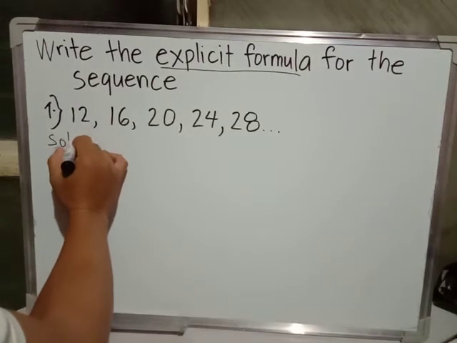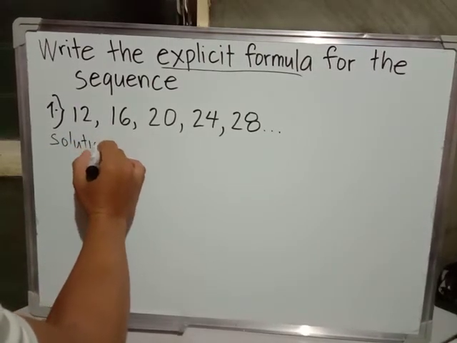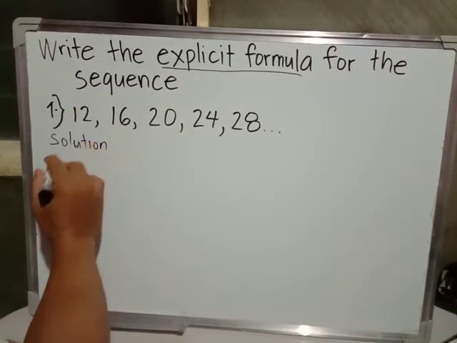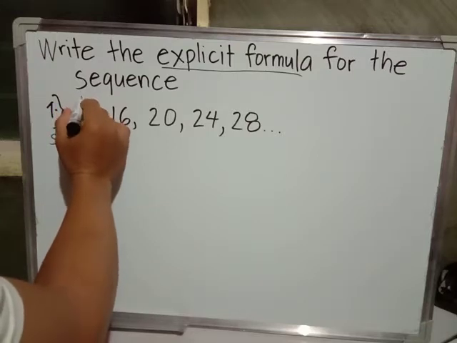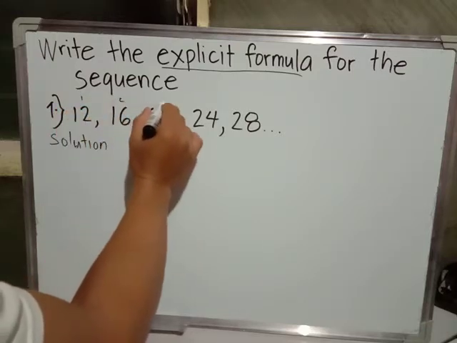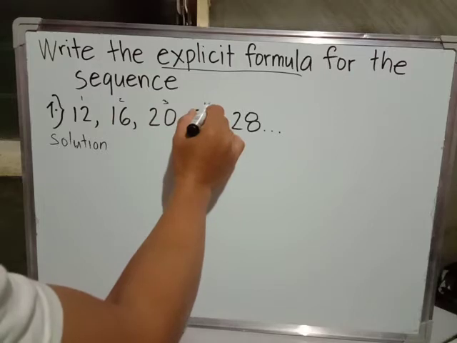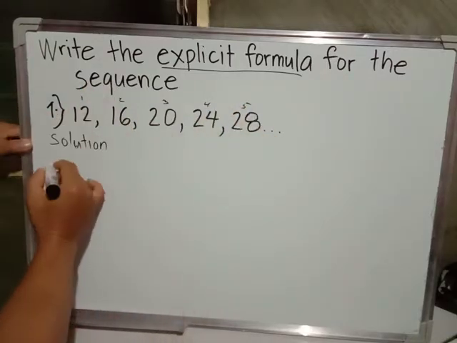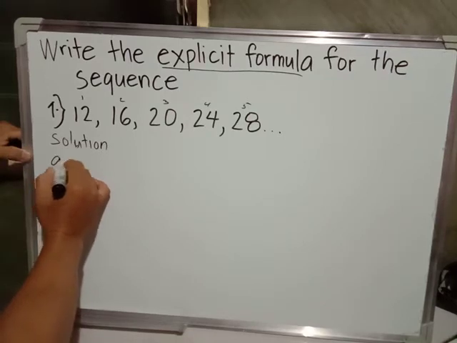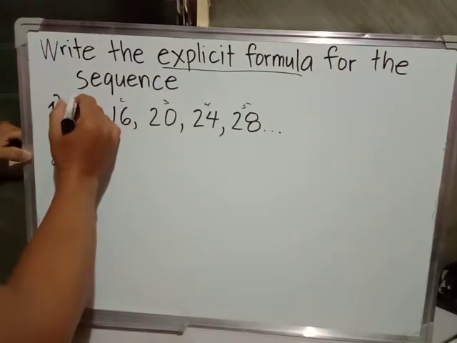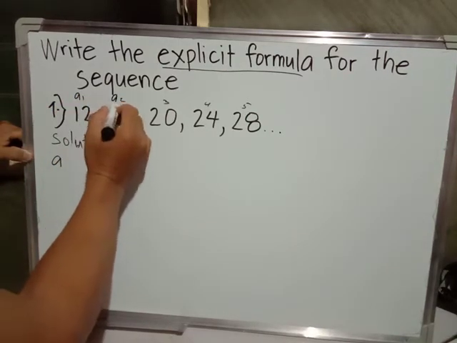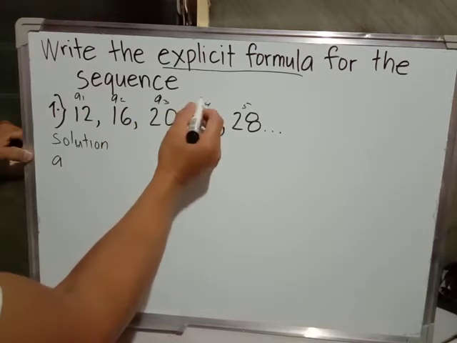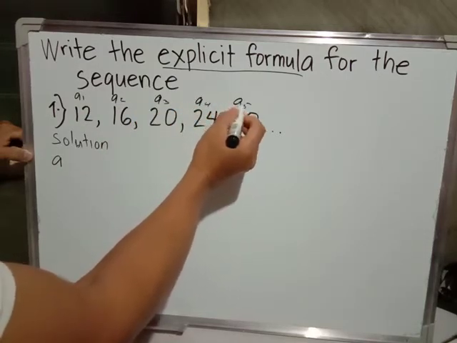Solution. Let's number the terms 1, 2, 3, 4, 5. So, this is E2, E1, E2, E3, E4, E5.